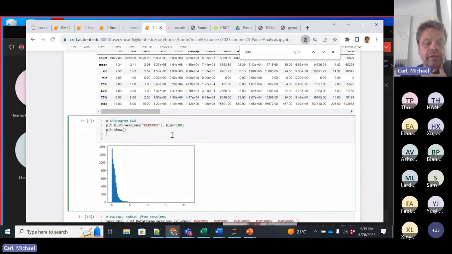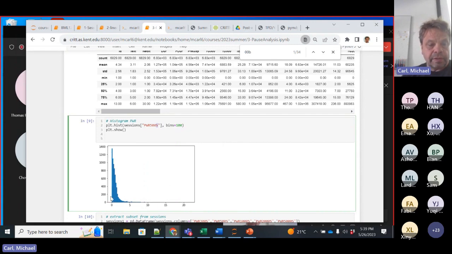Or we can visualize this, for instance, the pause-to-word ratio, assuming a 500 millisecond pause threshold, normalized by the number of source text words. And you can see here that it's also a quite skewed distribution.